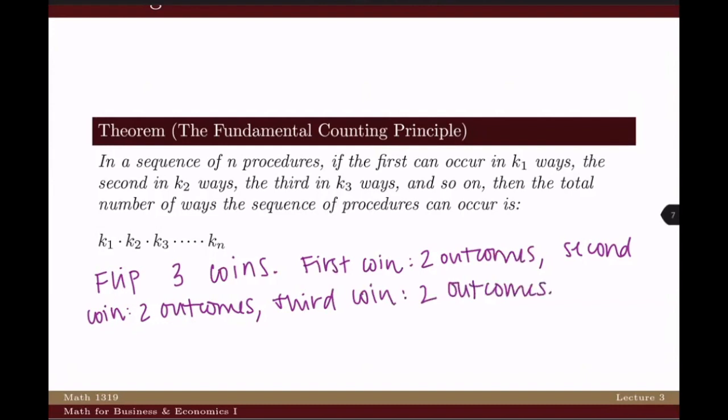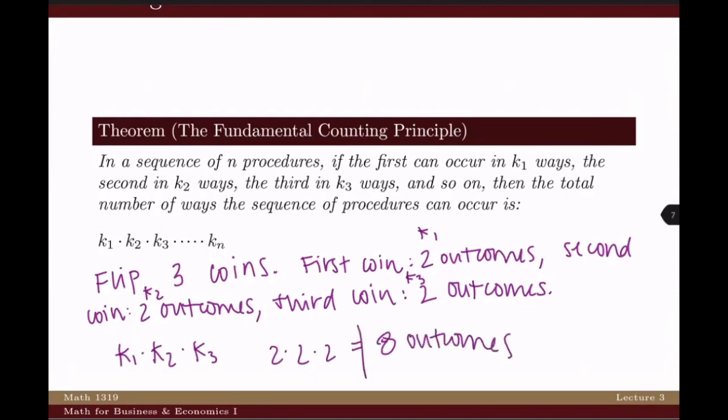So this is my K1, this is my K2, and this is my K3. So to figure out how many total outcomes I can have from flipping 3 coins, I'm going to use this formula K1 times K2 times K3, which is 2 times 2 times 2, which is 8. So there are 8 total outcomes for flipping 3 coins. Okay, let's do an example using this counting principle.